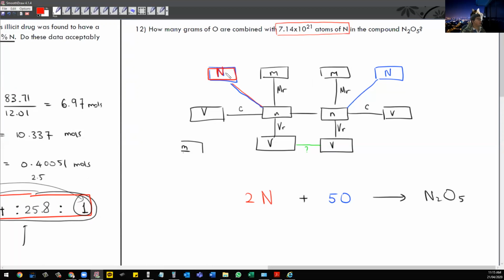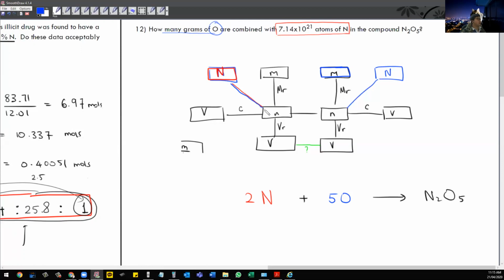This is number of atoms. Capital N stands for the total number of atoms or molecules. Start from there and end up over here. What is the number of grams of oxygen that combines with this many atoms of nitrogen?